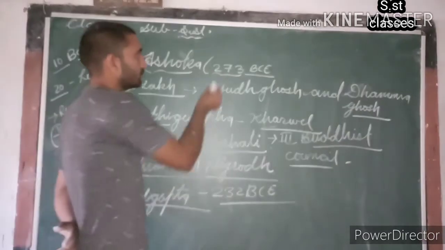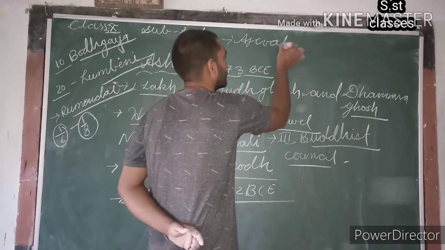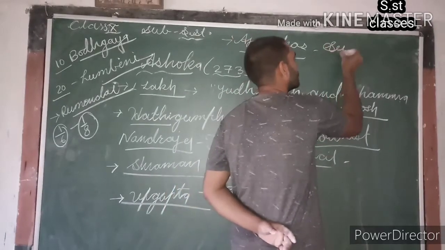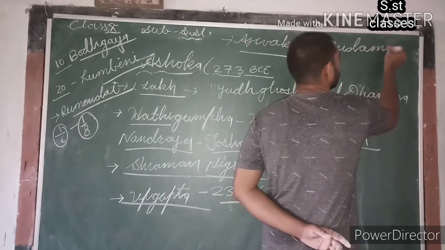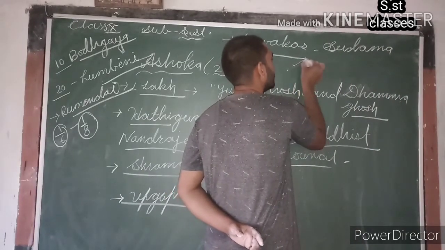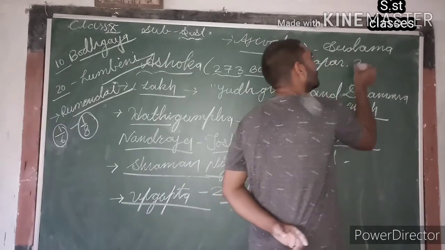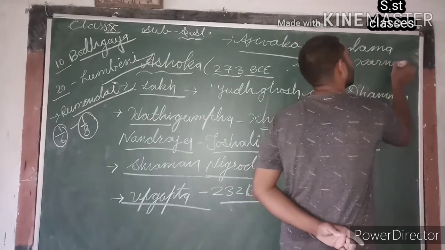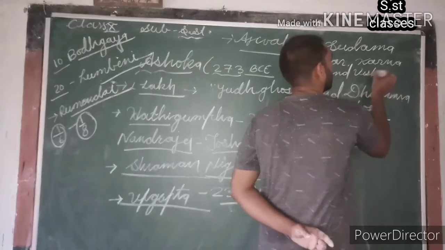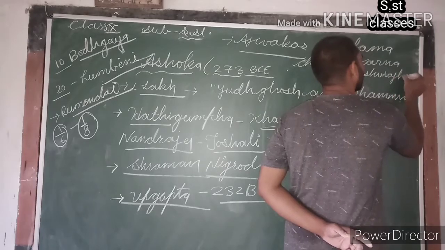For example, Ashoka built 4 caves for the Ajivikas, which were Sudama, Chapar, Karn and Visvajhopri.